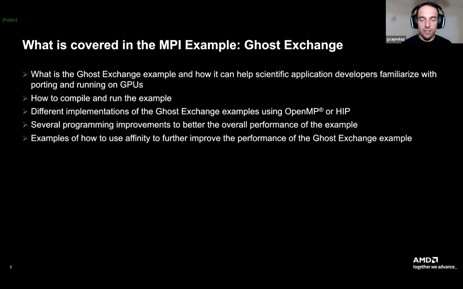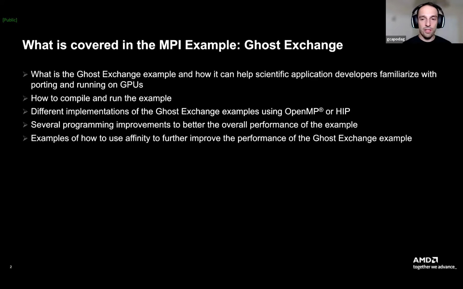So for this presentation, I will give you some background on the specifics of this example. We'll discuss how to compile and run it. And then I'll show you two different implementations of this, one using OpenMP and one using HIP to offload some of the computations to the GPU.